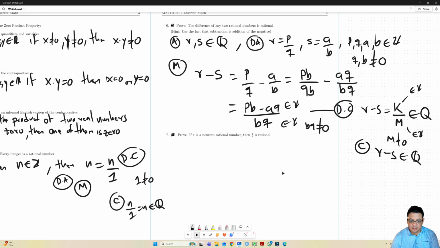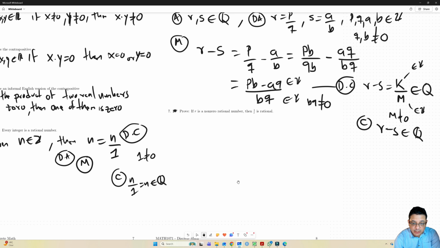Now, last for this video, if we have that r is a non-zero rational number, then 1 over r is rational. So if r is different from 0 and belongs to the rationals, notice that this is going to be our assumption.